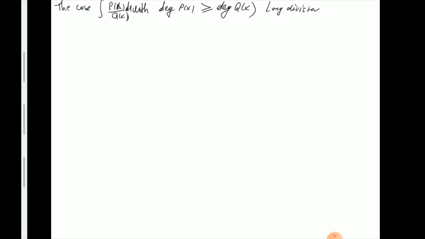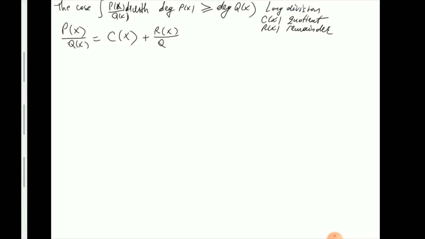so if we do the long division, you're going to end up with a quotient polynomial and a remainder. So when you compute these quotients and the remainders, it turns out that your fraction can be written as the quotient, which is just a polynomial, and so it's easy to integrate with the power rule, plus the remainder divided by the denominator.